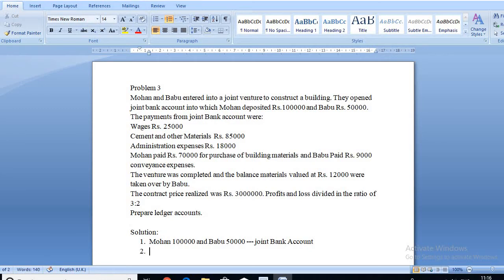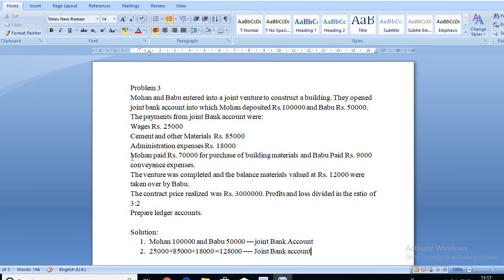So the second transaction: wages 25,000 plus cement and other materials 85,000 plus administration expenses 18,000, total 1,28,000, paid through the joint bank account. So the second transaction is over.